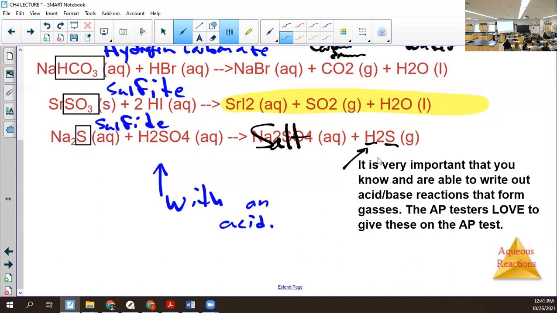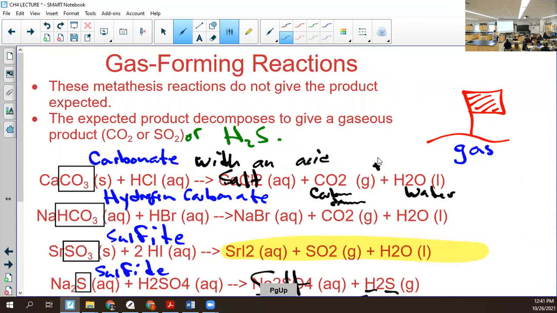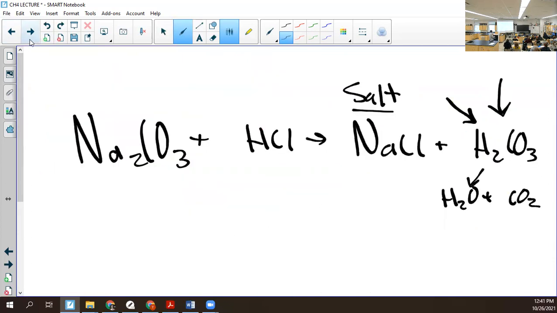Now, we've been talking about net ionic equations for a few days, right? So now that we know these, we're going to tie it into net ionic. I'm going to go to the next slide, which I wrote this one out. You with me? Okay, in this problem, well, I just made it up.